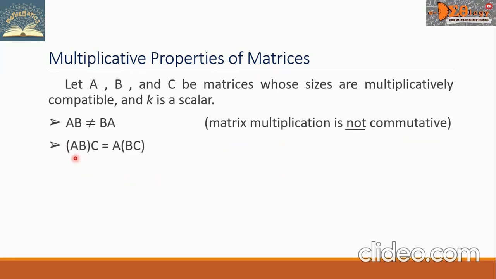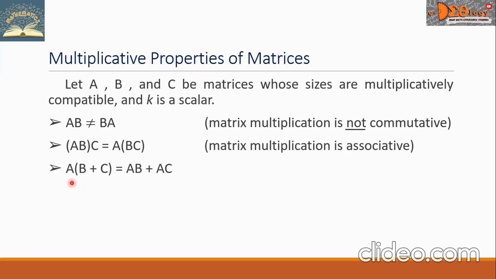Second property, the product of AB times matrix C is equal to matrix A times the product of BC. Now, matrix multiplication is associative.